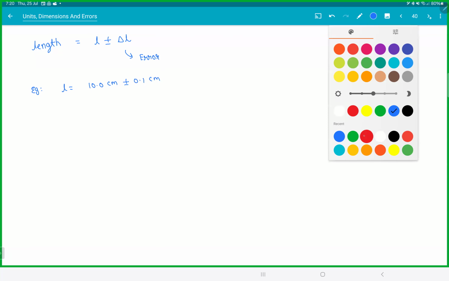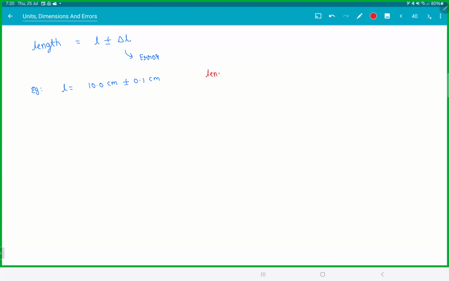What this means is the measurement which you have taken, length can be between 9.9 centimeter to 10.1 centimeter, meaning this has a precision of 0.1 on either side.